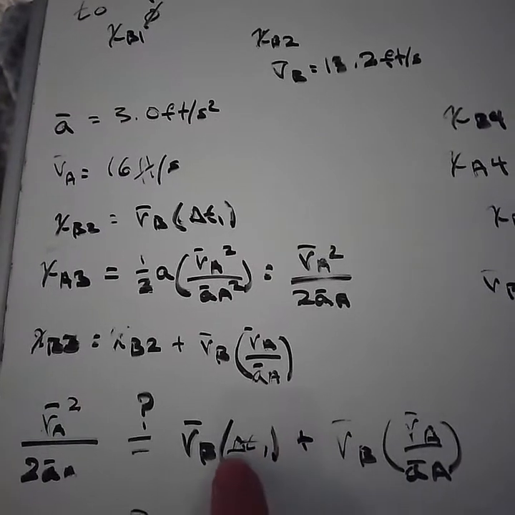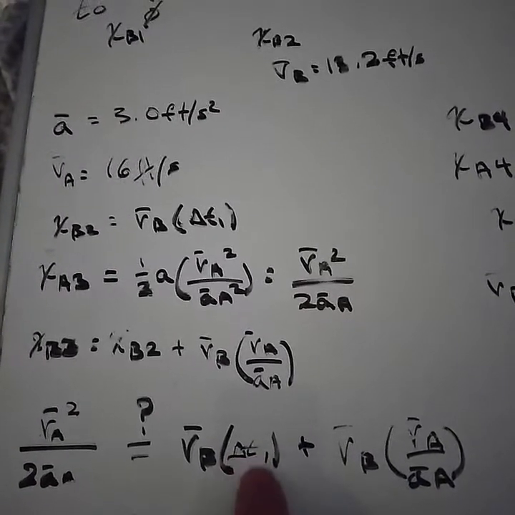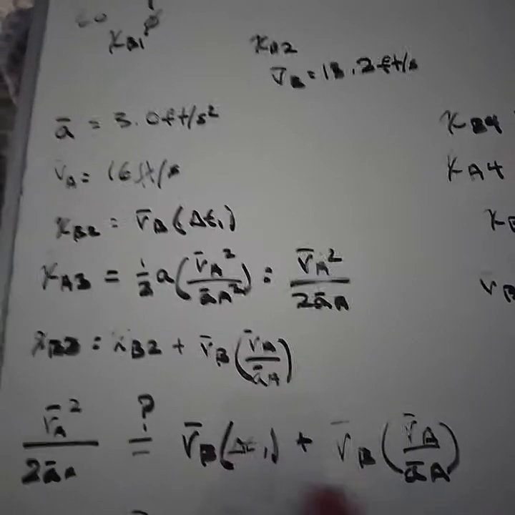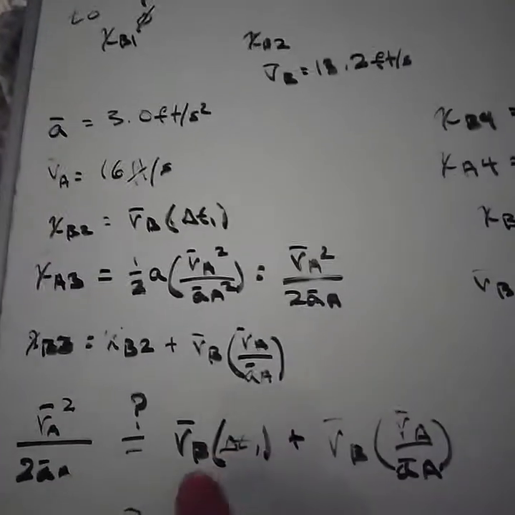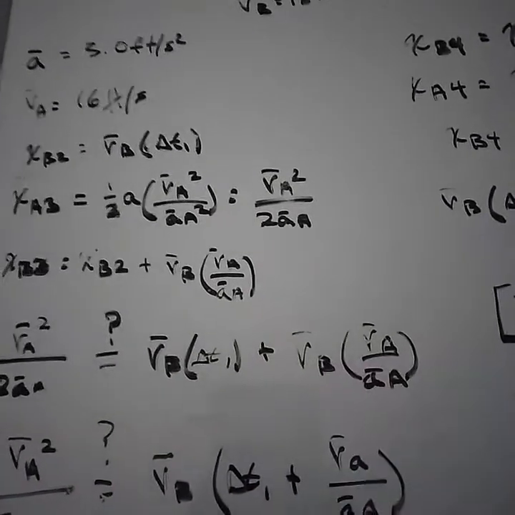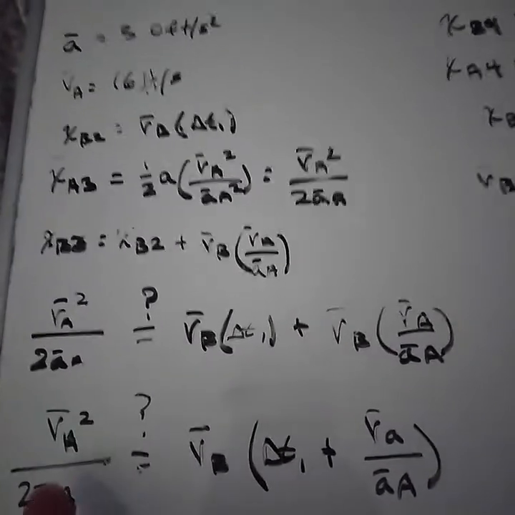So now position of B at segment 3 is equal to this, right? So now here we can just factor out average velocity B and we get T1 plus that, right? This just stays the same.